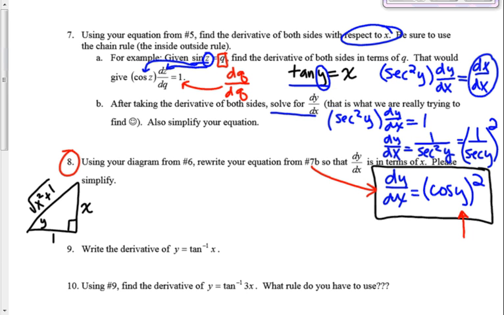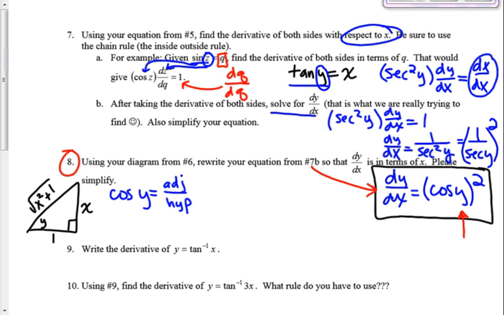So now I'm going to use my geometry again to rewrite cosine y. I don't want to have cosine y, but when I come over to this triangle, could I find cosine y? I certainly could. Cosine y is, let's see, I think it's adjacent over hypotenuse.